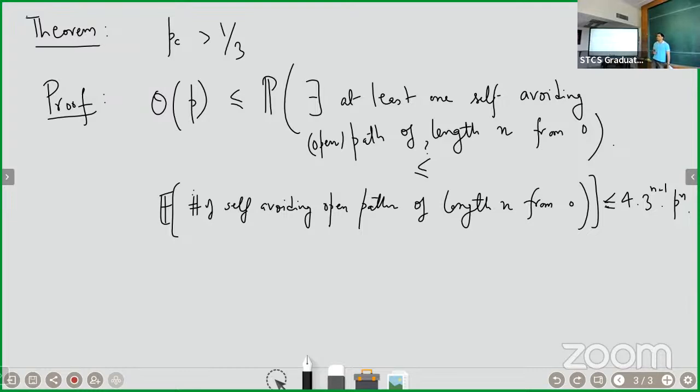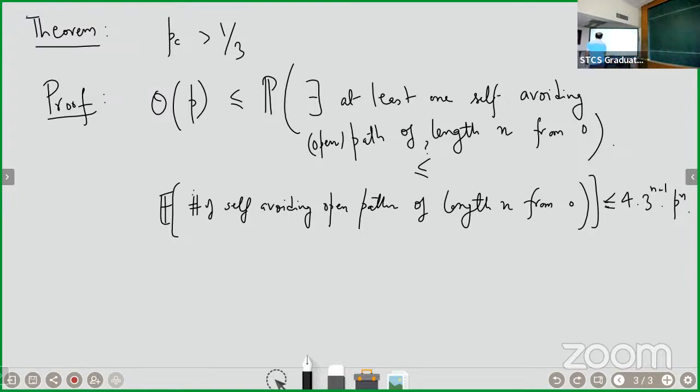So now for any p which is smaller than 1/3, where is this probability? Smaller than 1/3. This is a decreasing quantity in p. As it goes to 0, it's clearly going to 0. But even if it is slightly smaller than 1/3, where is it going as n goes to infinity? It's being raised to power n. This guy is only n to the minus 1. So you take anything which is smaller than 1/3.